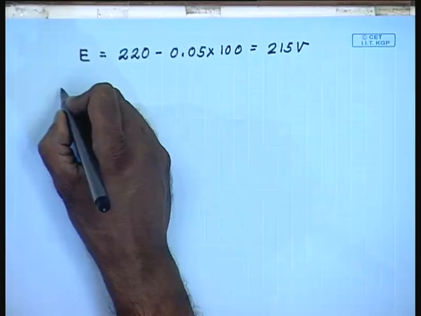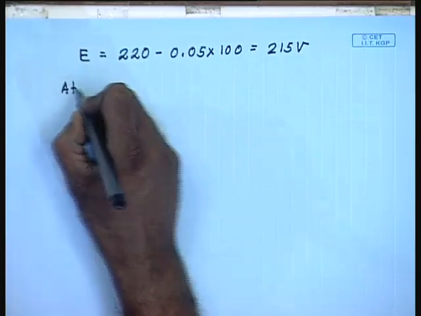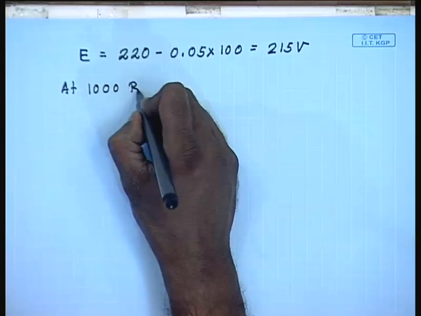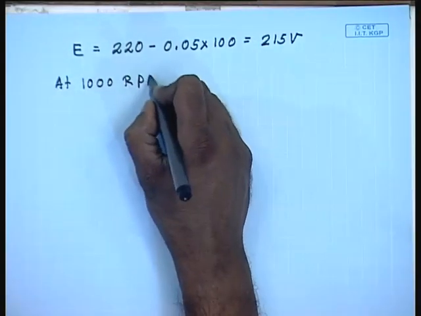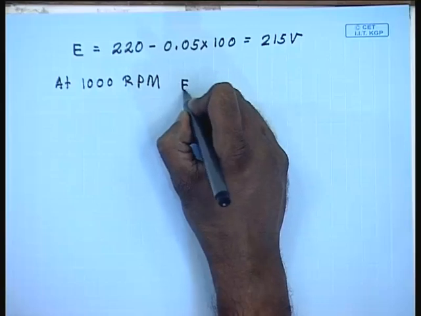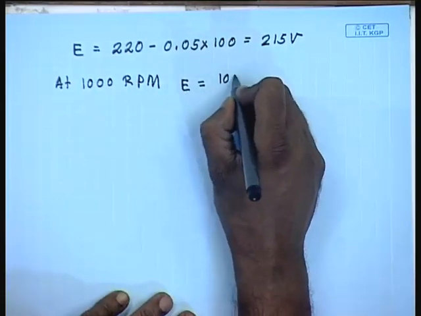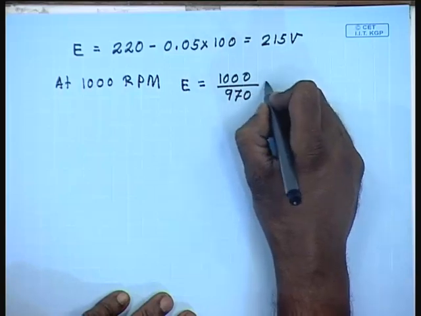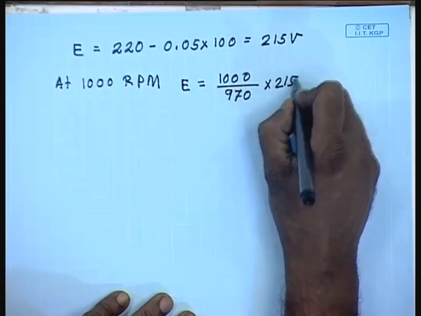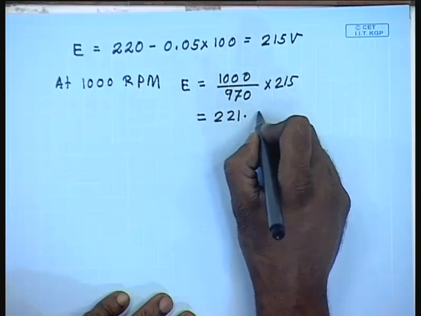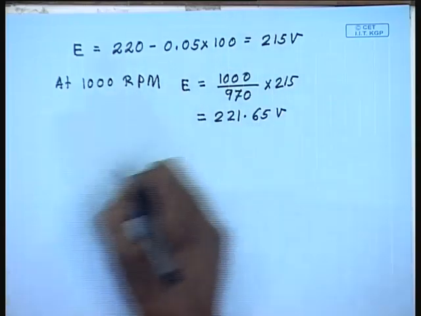So, at 1000 RPM, E equal to 1000 by 970 into 215 equal to 221.65 volts.